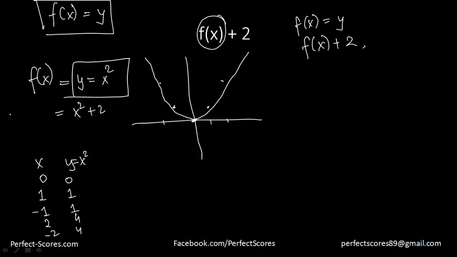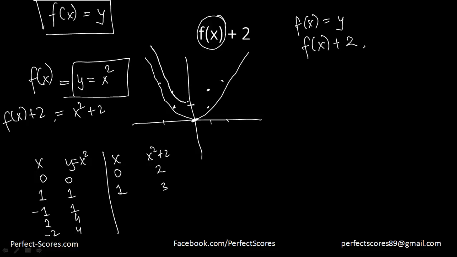If I draw this graph again, x equal to 0 would give me y equal to 2, x equal to 1 will give me y equal to 3, same goes for -1.